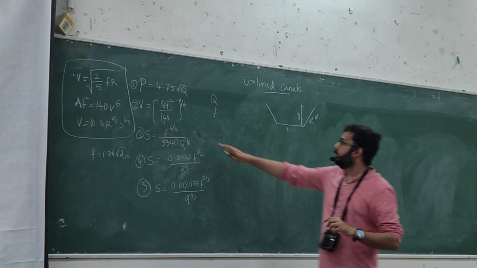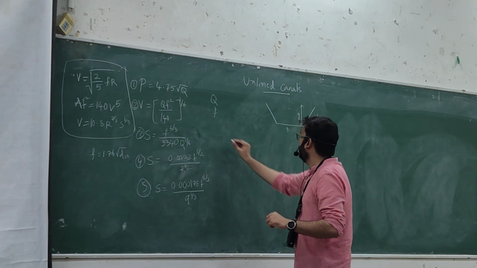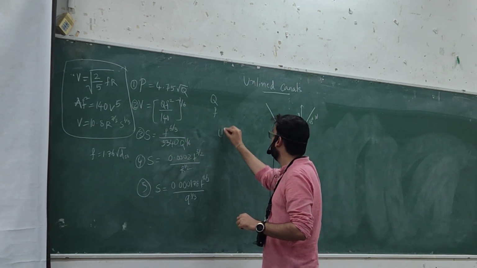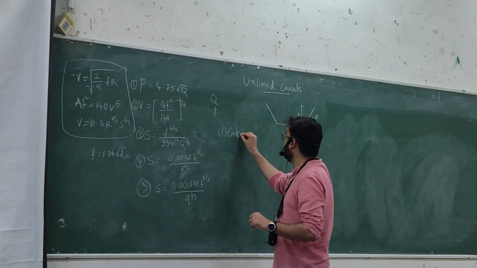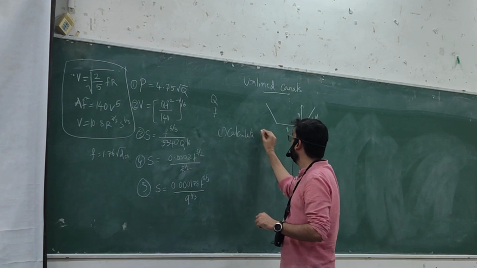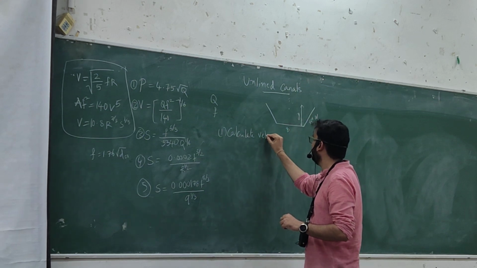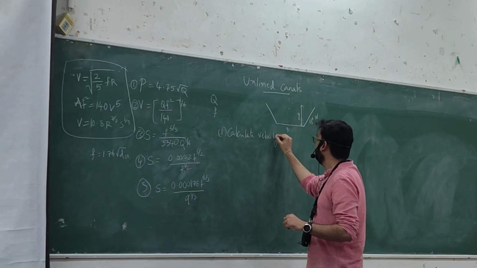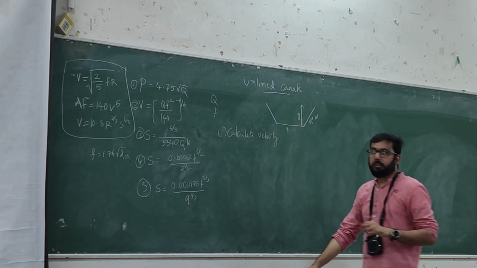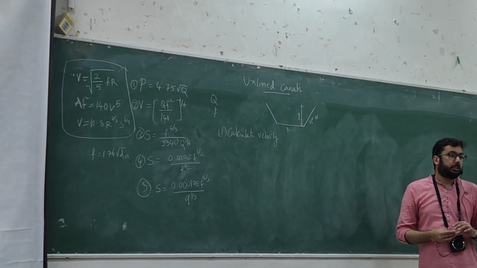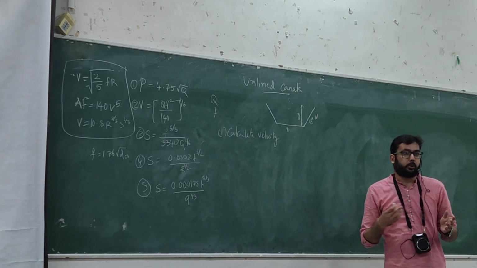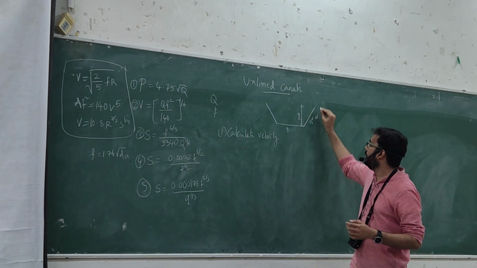Velocity. So given Q and F, first what we can do is calculate velocity. Now, once we calculate velocity, then what is the unknown actually? So we have two unknowns, B and Y.